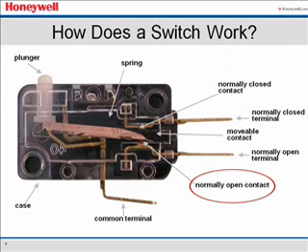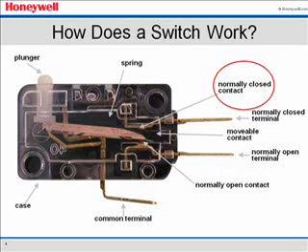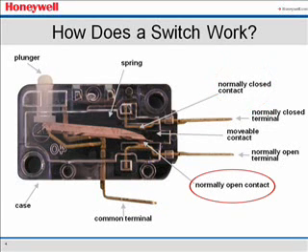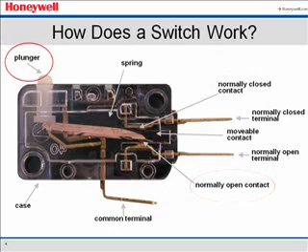Because the mechanism is designed for snap action, the common contact cannot stop part of the way between the normally closed and normally open contacts. The normally closed circuit is now open, and the normally open circuit is closed. As the plunger is depressed past the operating point, the normally open circuit remains closed, and the normally closed circuit remains open.